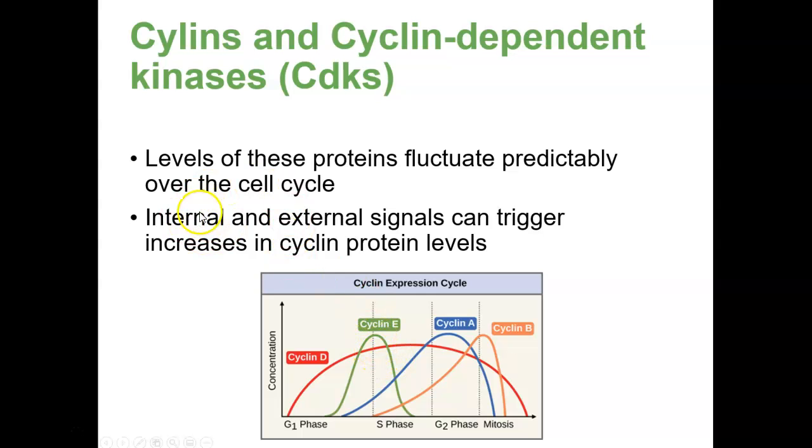So various messages from inside the cell and outside the cell will cause various of these cyclins to increase, and as say we're going through G1, the cyclin D level goes up, and then cyclin E, and that's going to push us from G1 into S. And then during S, we'll see other cyclins going up, and that will push us from S to G2 and on to mitosis, etc.